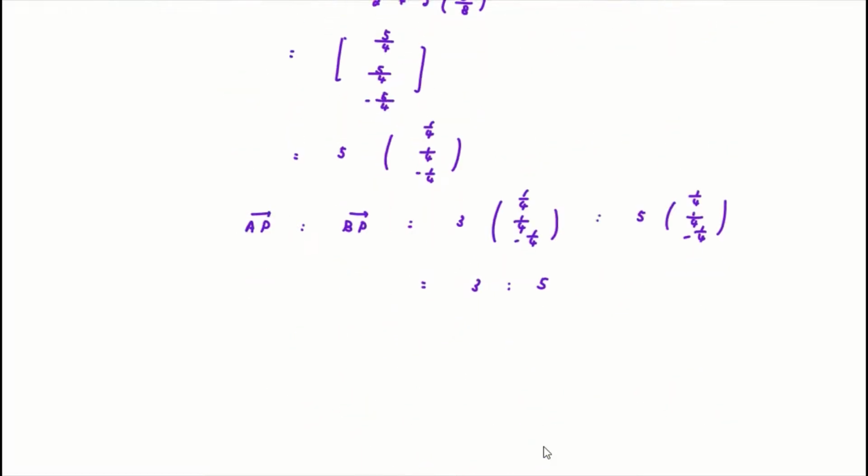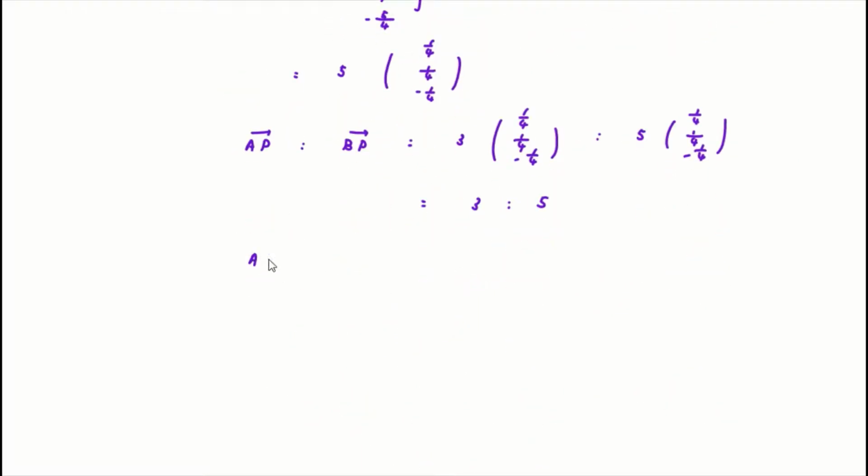So what you want is AP to BP. So it's just going to be 3 times (1 over 4, 1 over 4, -1 over 4), and 5 times (1 over 4, 1 over 4, -1 over 4). So you will be able to get the same thing as well, which is 3 to 5, the same as OA to OB. So you prove that AP to BP is equal to OA to OB.